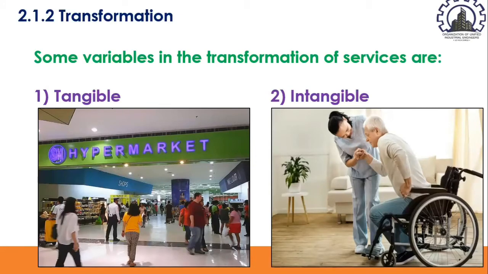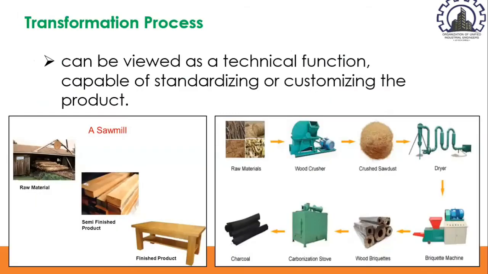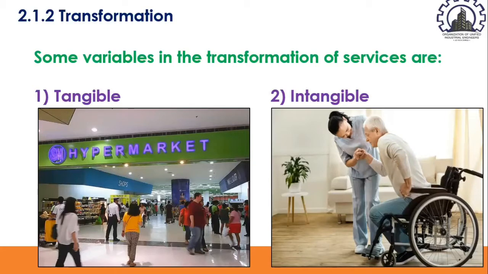Now, the second element of the ITO model is what we call the transformation process. Much of the research in management has focused on the transformation process itself. Therefore, the transformation process in manufacturing is usually obvious because it involves physical change in the product. As you can see, some of the variables in the transformation of services are tangible and intangible.